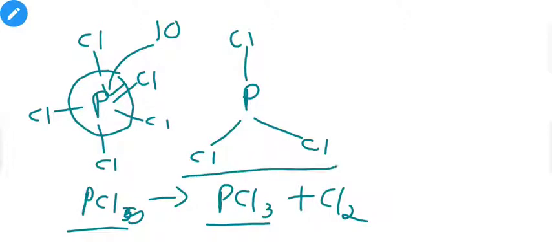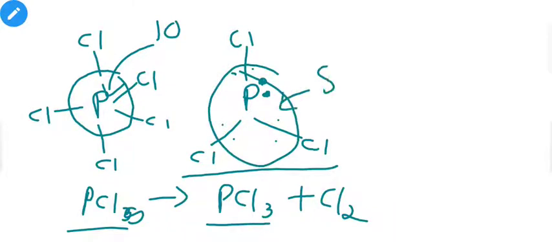In the case of PCl3, we have one non-bonding electron pair on phosphorus, and then it has 6 shared electrons around it. So if you check, you will notice the octet is followed in PCl3 but not in PCl5. If you check the configuration of phosphorus, it is exactly like nitrogen. It contains a total of 5 valence electrons.